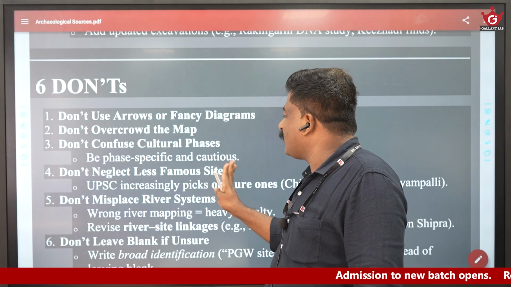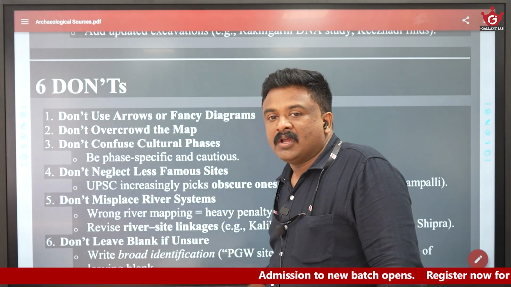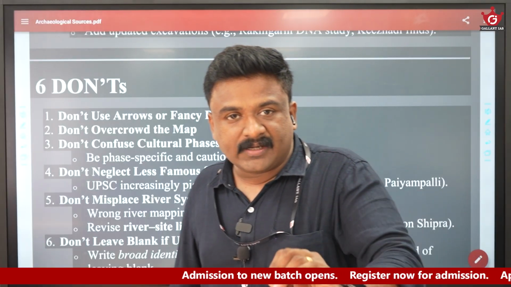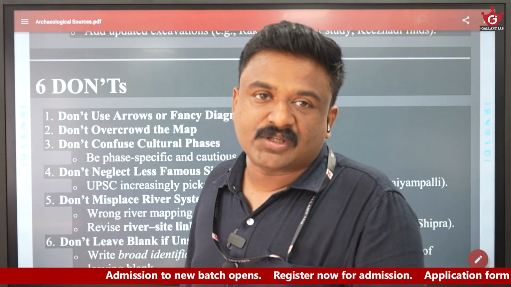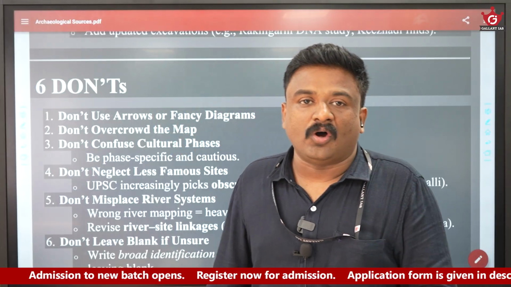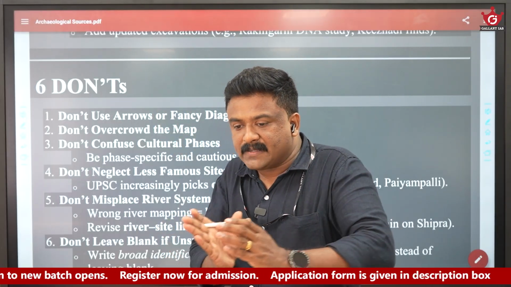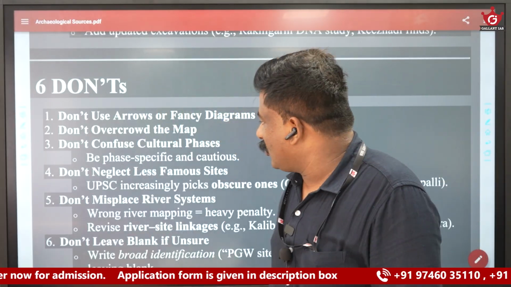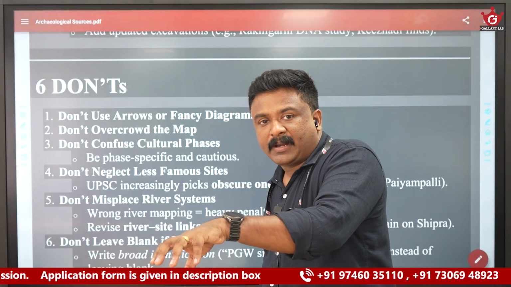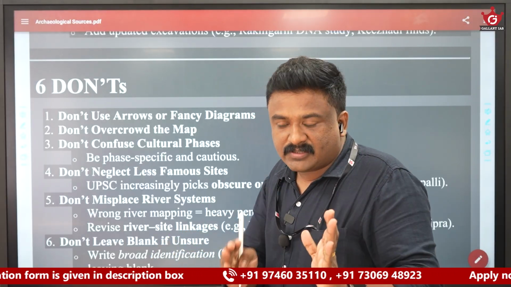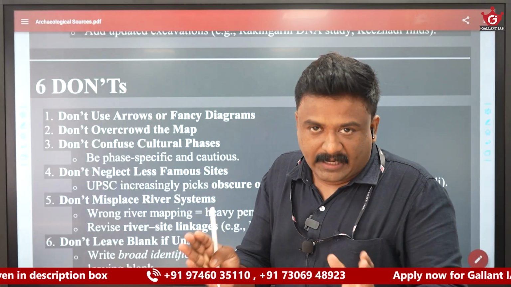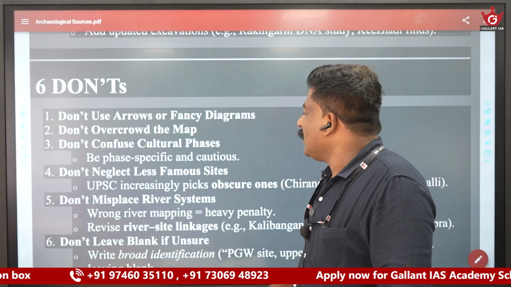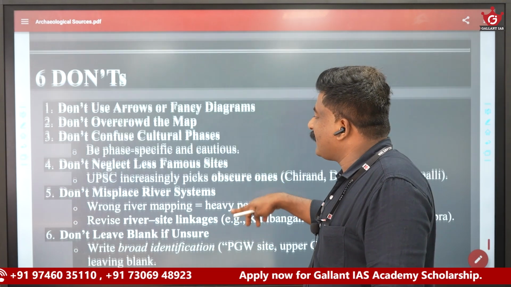You must know Indus script belongs to Indus civilization, not to megalithic culture. Okay, every finding or every age is placed in a particular timeline, so be very clear with that timeline. Okay, you must know Gandhara, Mathura, Amaravati schools of sculpture development, that is in the post-Mauryan pre-Gupta age. So you must have a clear idea about the cultural phases.